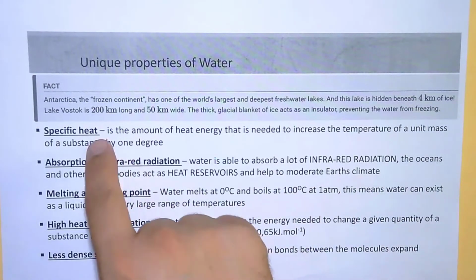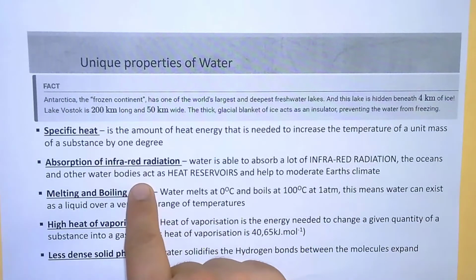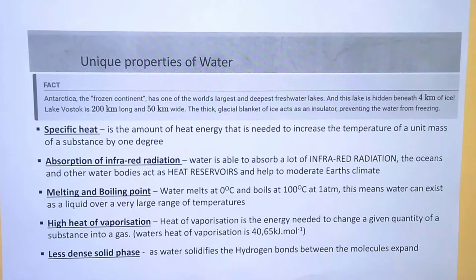Now, because of that very high specific heat and the absorption of infrared radiation, and the fact that 70% of the surface of the planet is water, the water absorbs a lot of the infrared radiation from the sun and stores it, and that helps our Earth have very narrow daytime and nighttime temperature ranges.